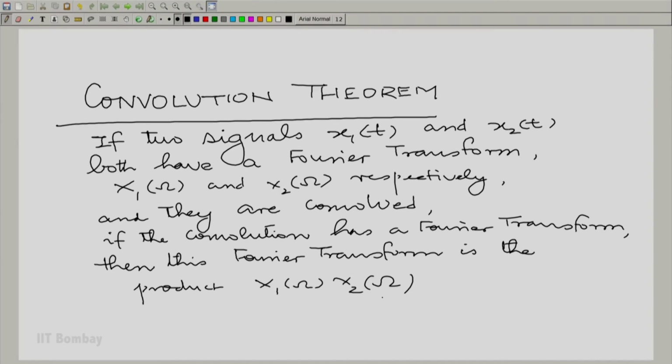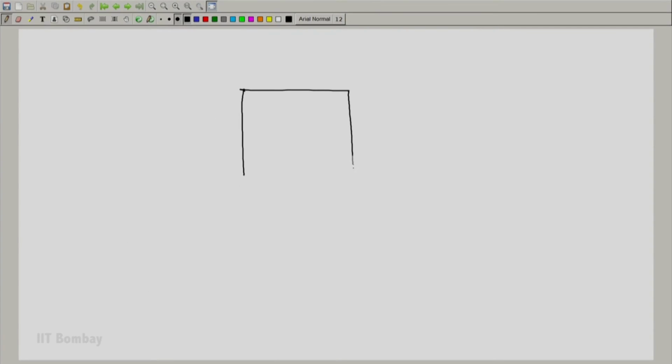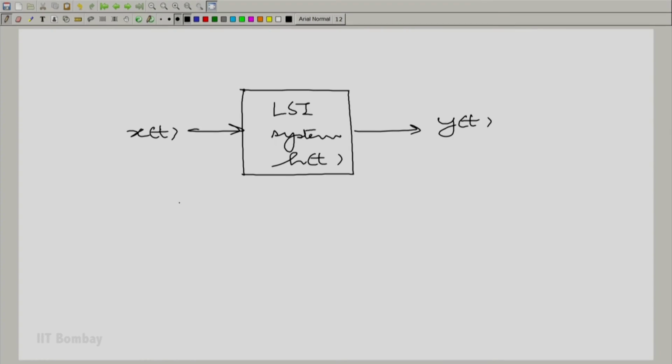Now, we were trying to interpret this convolution theorem in the context of a linear shift invariant system. So, noting that the output is the convolution of the input and the impulse response, we saw that after all Y of omega is equal to X omega times H omega. And we were trying to give this an interpretation.